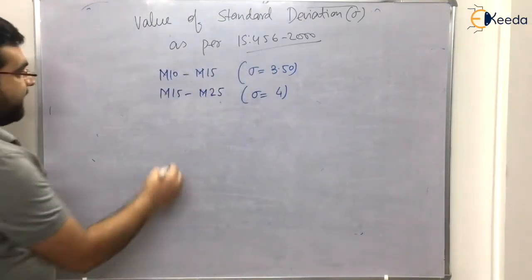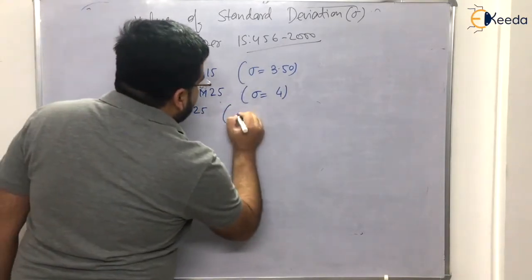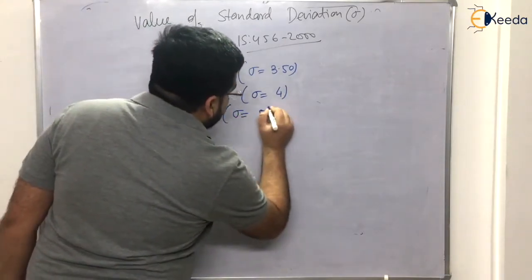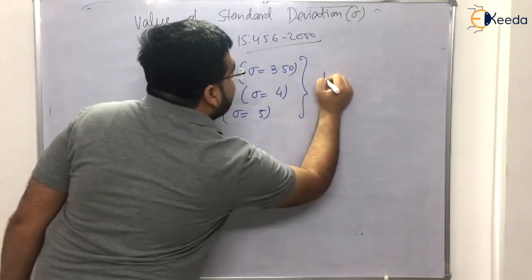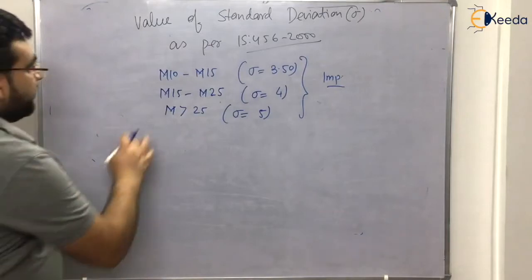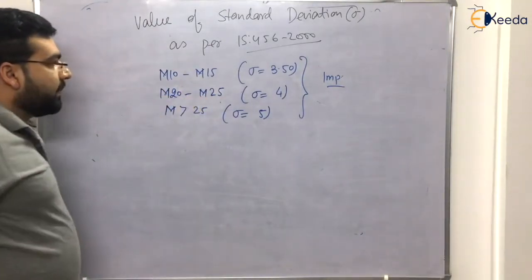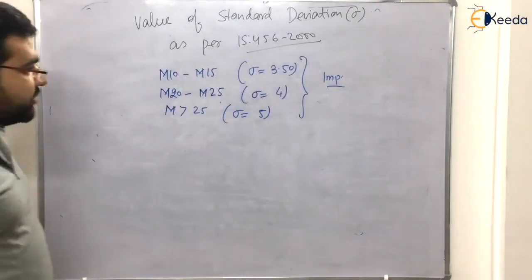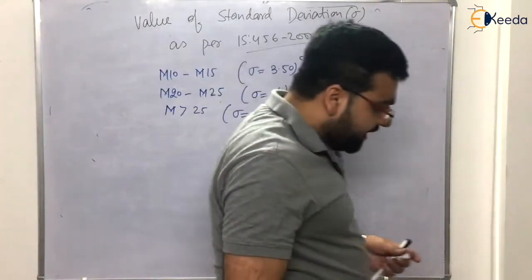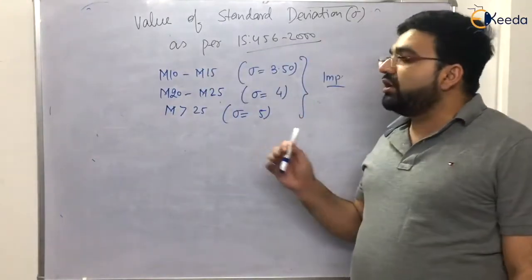And if the design is greater than M25, then the value of sigma is 5. This is important. So the value of standard deviation should be remembered by you. It will be very beneficial in solving a lot of numericals.